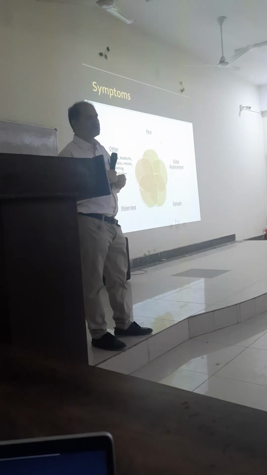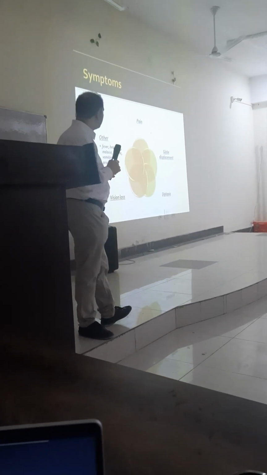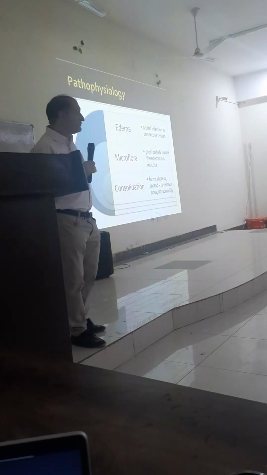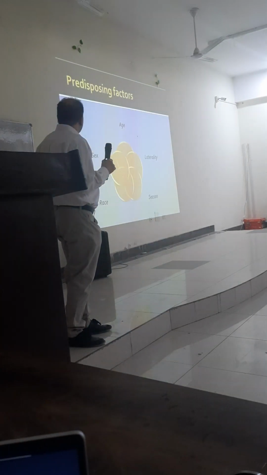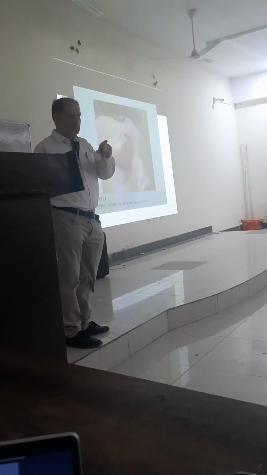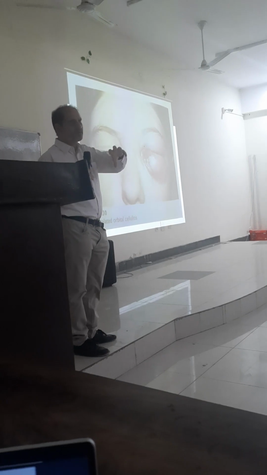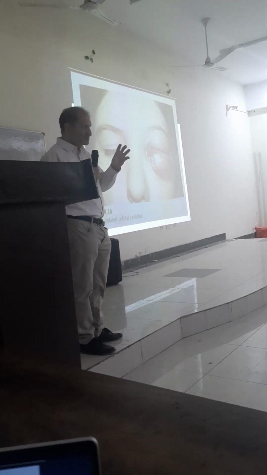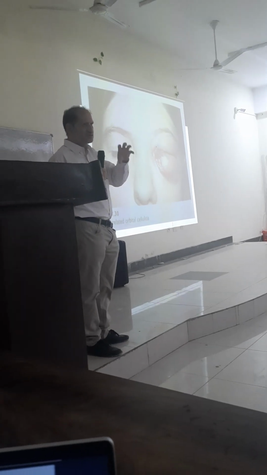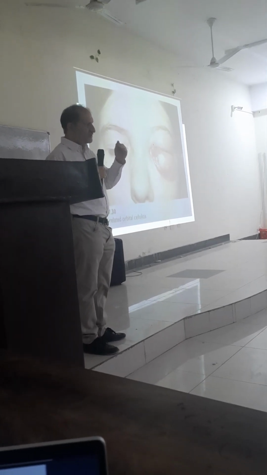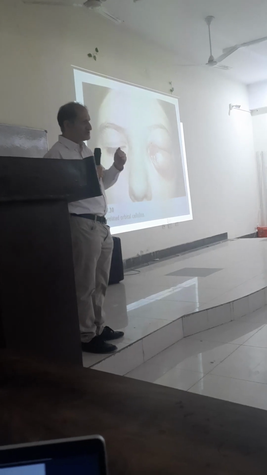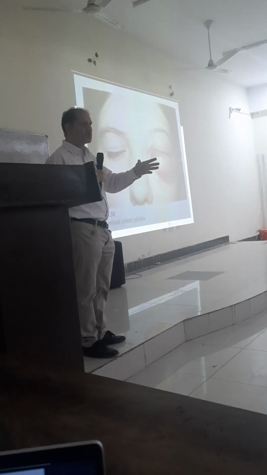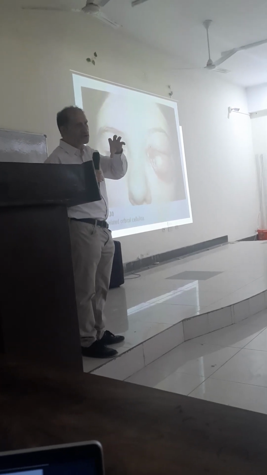Once there is thrombophlebitis, what can happen? It can lead to edema. Exactly. So once there is edema, it gets trapped in a closed space. The orbit is a tight space, and this cellulitis, infection, inflammation leads to thrombophlebitis, and thrombophlebitis causes more fluid accumulation within the orbit.